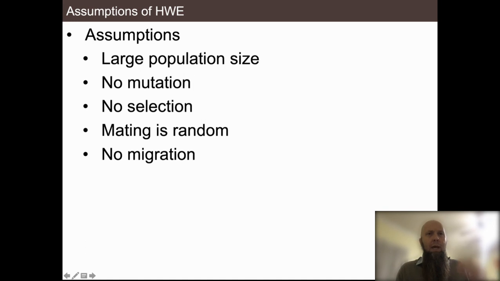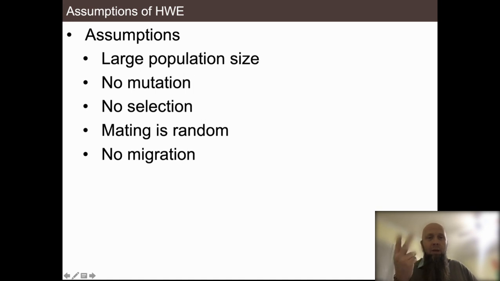Why all of these things are requirements for the Hardy-Weinberg equilibrium equation to hold true makes sense if you think about it, okay? If there are only 2 individuals in the population, then you're going to have a lot more random chance playing into what the frequency of a genotype is in the next generation, and the allele frequency is not going to be as predictive, right?